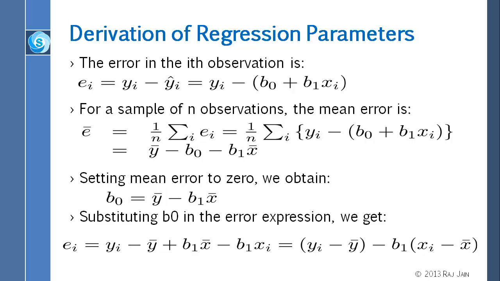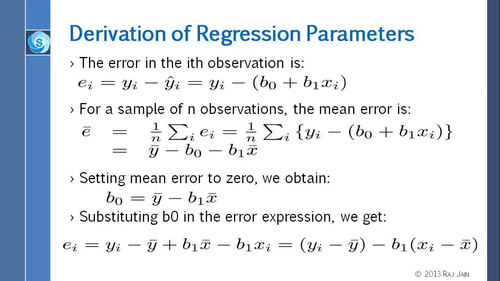And that gives you b0 as y bar minus b1 x bar. Now how do you get b1? Well, you substitute b0 in this right here, and so you get ei equal to this quantity, because you have substituted b0 there. So yi minus y bar minus b1 times xi minus x bar.